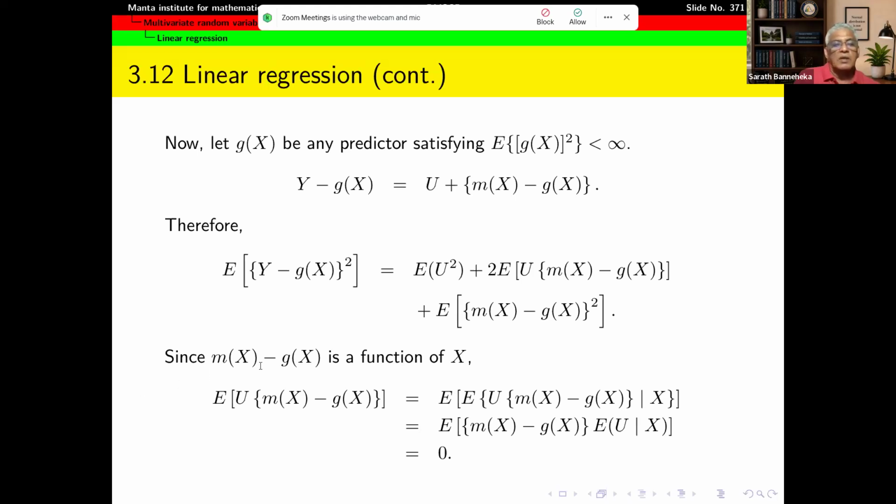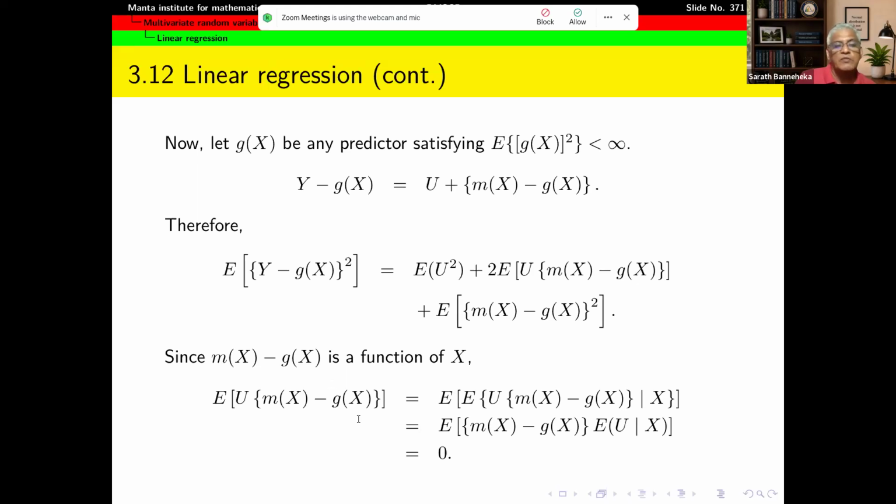Now, we are going to keep these squared terms, but we want to look at the cross quantity. Here you have a product of two quantities. When you are considering the expected value of that, we can get it by conditioning on x, because that quantity itself is a function of x.